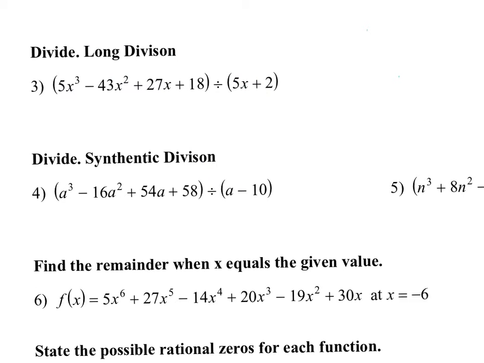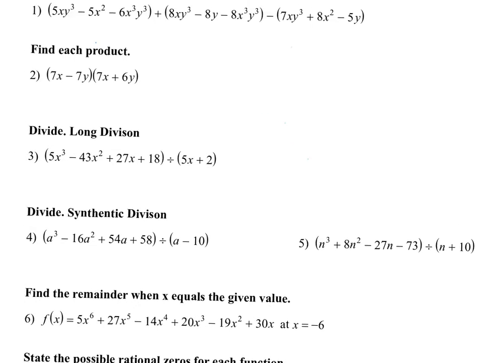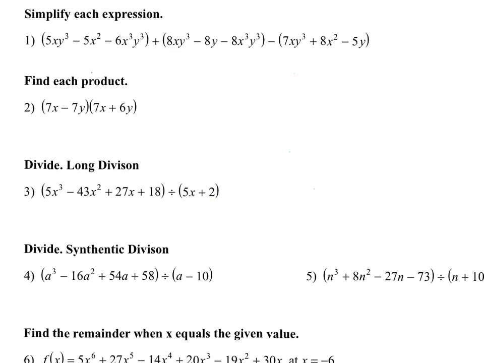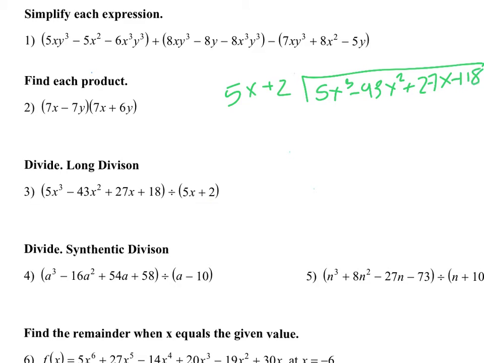Okay, number 3, we're doing long division. I need some space. We've got some space over here. So we're going to take 5x plus 2 and divide it into 5x cubed minus 43x squared plus 27x plus 18.